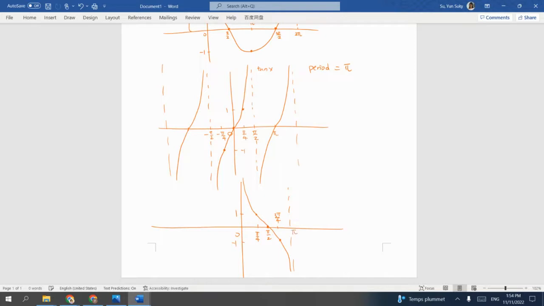And then at pi, you get undefined. So these are the 5 key points. Okay? So from now on, for sine, cosine, tangent, cotangent, you remember those 5 key points. And then let's continue next class. So we learn more and more.